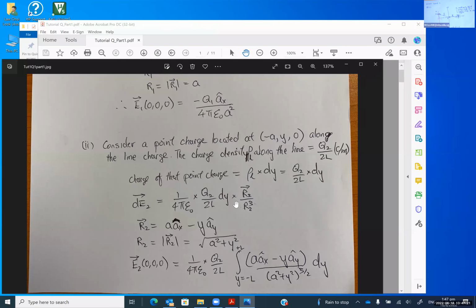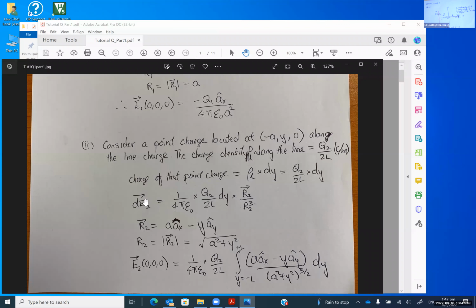When we put this in here, you see this term here. And then this charge Q2 over 2L and 1/4 pi epsilon naught are all constants, so I put them outside here. And then you have this dy here. Okay, so that is for dE.